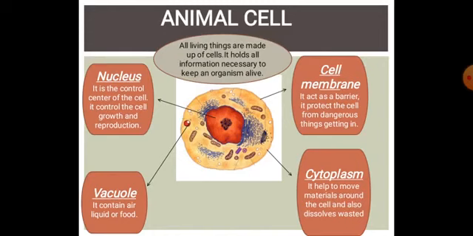It is the control center of the cell and it controls the cell growth and reproduction. Cell membrane. It acts as a barrier and it protects the cell from dangerous things getting in. Vacuole. It contains air, liquid, or food. Cytoplasm. It helps to move materials around the cell and it also dissolves waste.